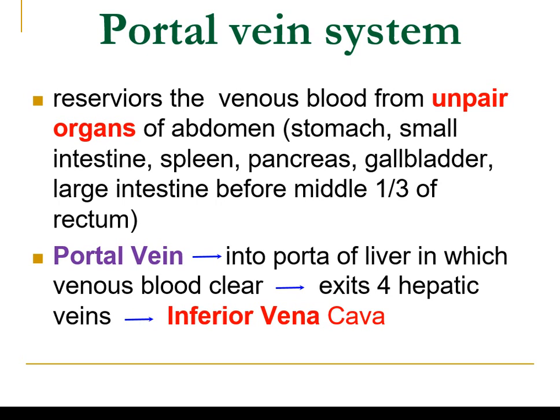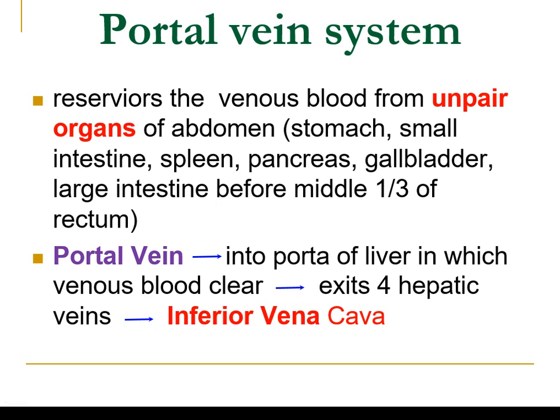And the portal vein directs it into the porta hepatis, the porta of the liver, in which the venous blood is cleared inside the hepatocytes of the liver, and from the liver exit the hepatic veins, which flow into the inferior vena cava.